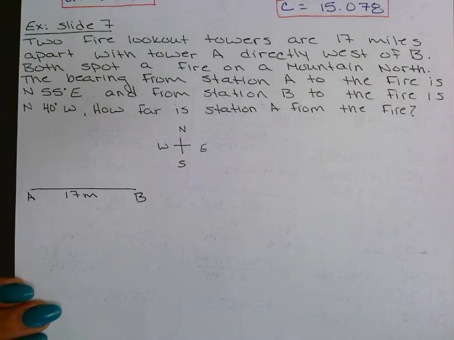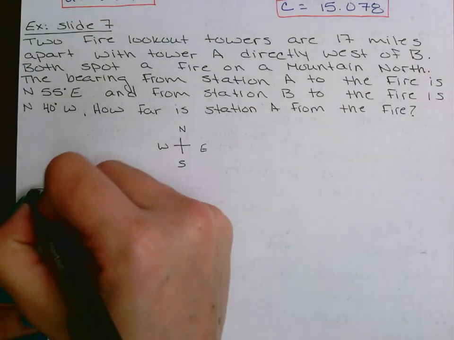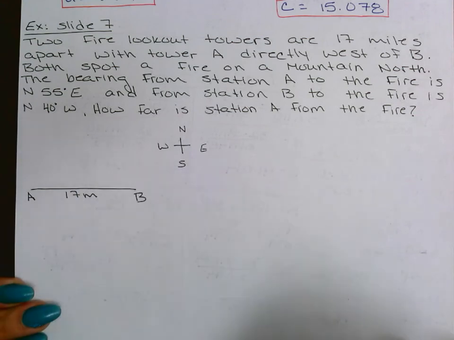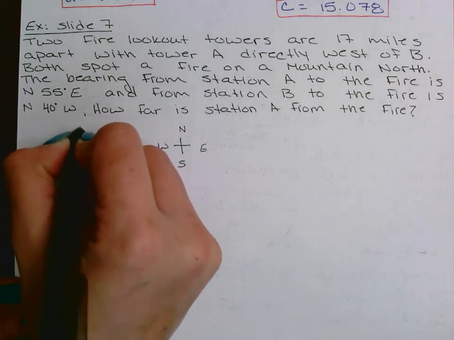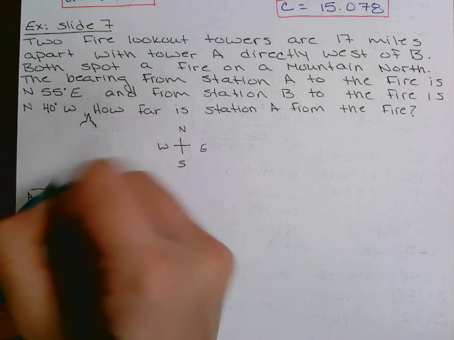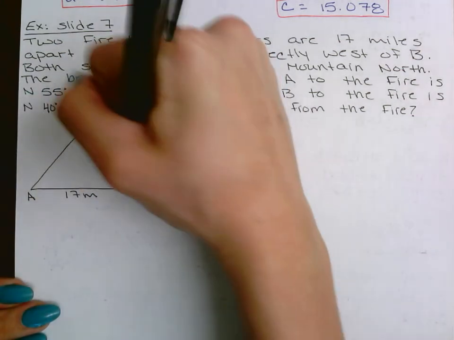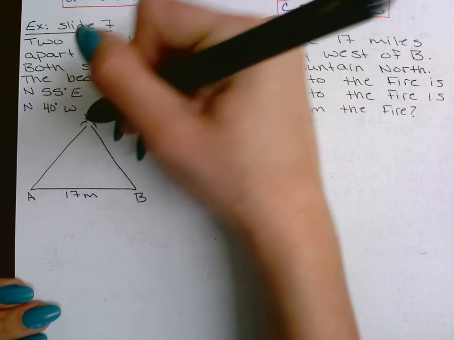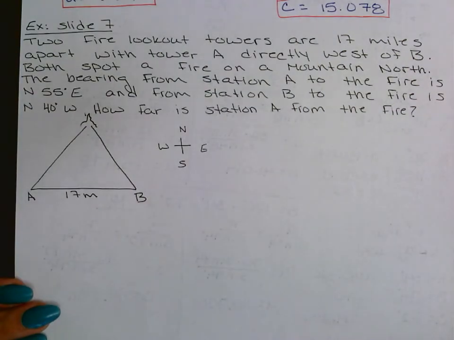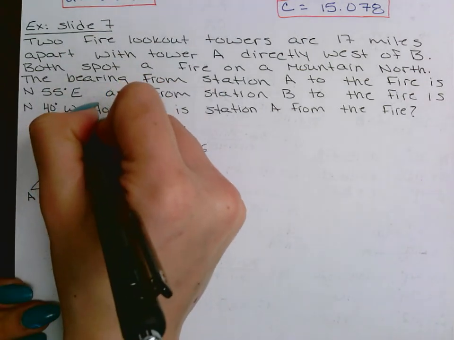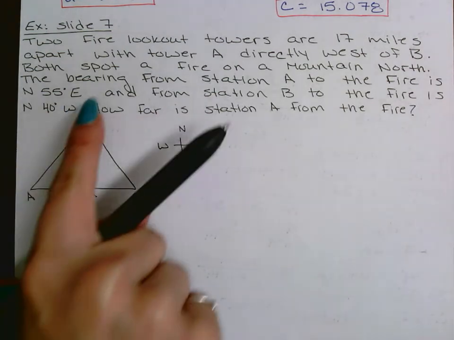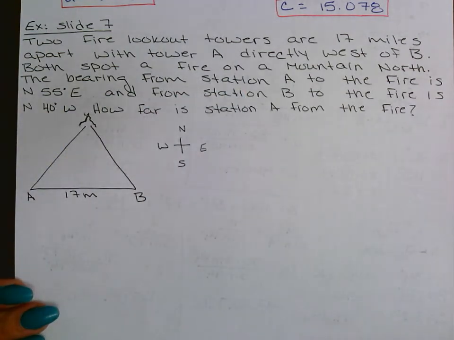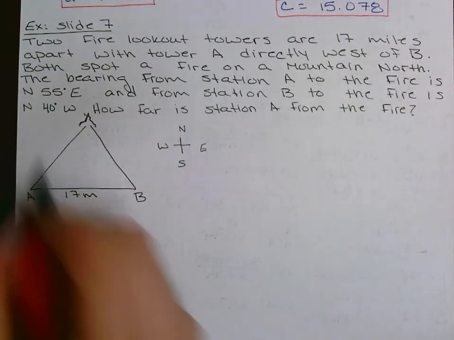Okay, now it says that they both spot a fire up on a mountain up north. Now I'm going to draw a triangle just to my best guess, but we really don't know where this fire is. So let's say our fire is here and they both spot it. So here's our fire. Now it says the bearing, be very careful, this is some old info here. The bearing from station A to the fire, and let me do this in a different color, is north 55 degrees east.